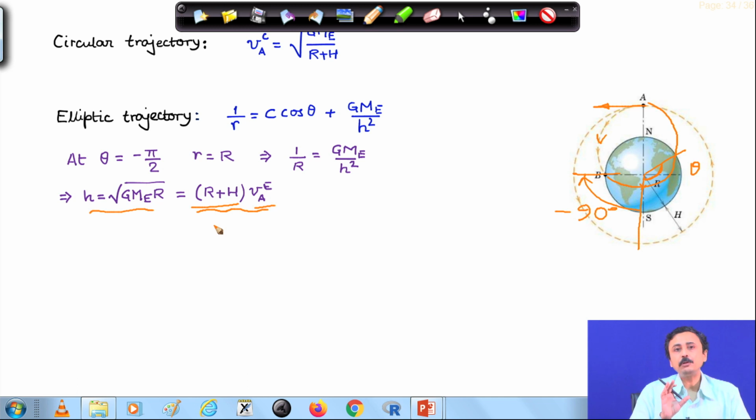So, I have calculated this angular momentum per unit mass from two sides. One is considering that this ellipse must intersect the radius of the earth at theta equal to minus pi by 2, and the other is from its angular momentum per unit mass at A, and both must be equal because that is a conserved quantity.